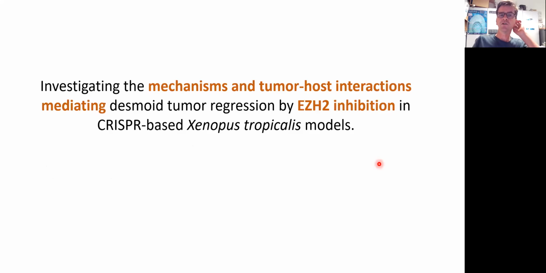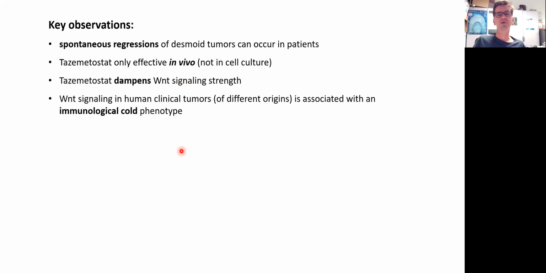This brings us to the new project, where we want to investigate the mechanisms and the tumor-host interactions that mediate desmoid tumor regression by EZH2 inhibition. This is based on the following key observations. First, the spontaneous regressions observed for desmoid tumors in patients. Second, tazemetostat is only effective in vivo, not in cell culture.